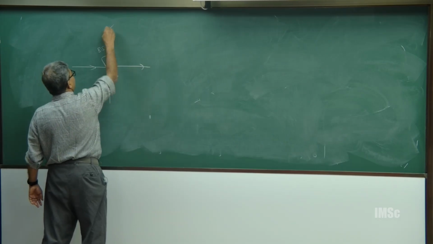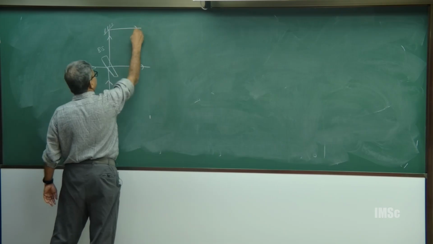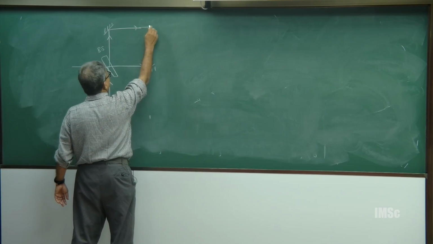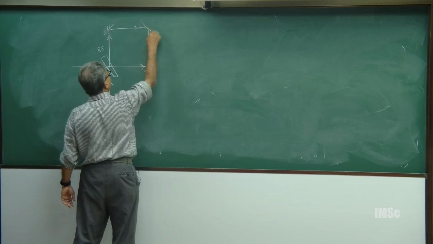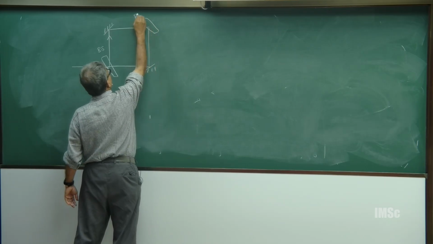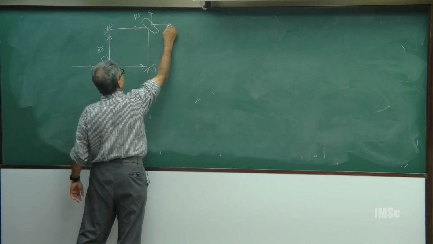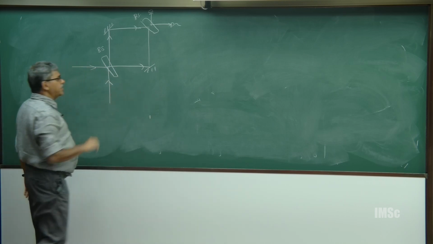Then you have this reflector, and here also this mirror, and then you again send this through another 50-50 beam splitter. Here you have a detector, and here you have a detector. So, this is the standard Mach-Zehnder interferometer.